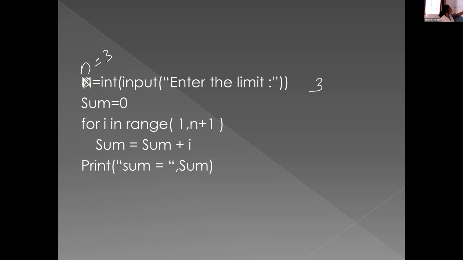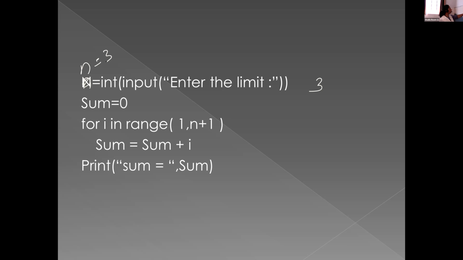So we initialize the sum variable with 0, or 0 is assigned to sum. Because we are using the sum variable for addition, if any previous values are there, then that value is added with I value, so we didn't get the correct output. That's why first we initialize the sum with 0 value.